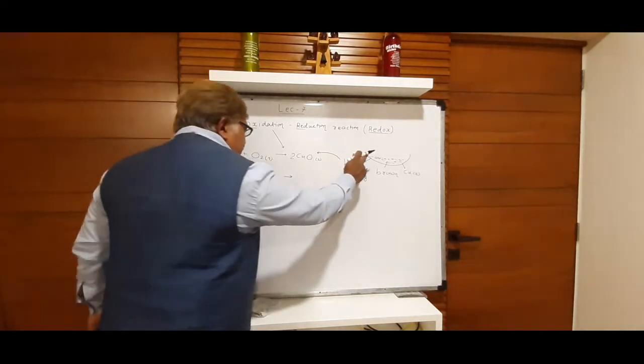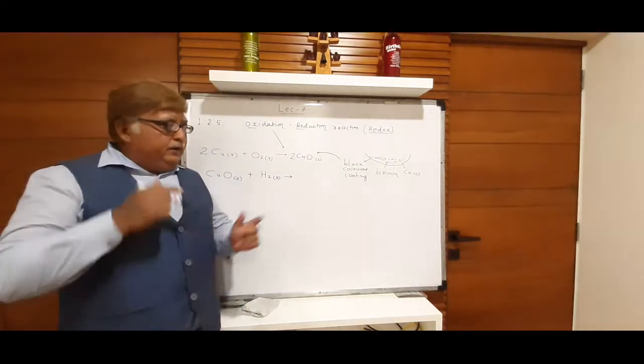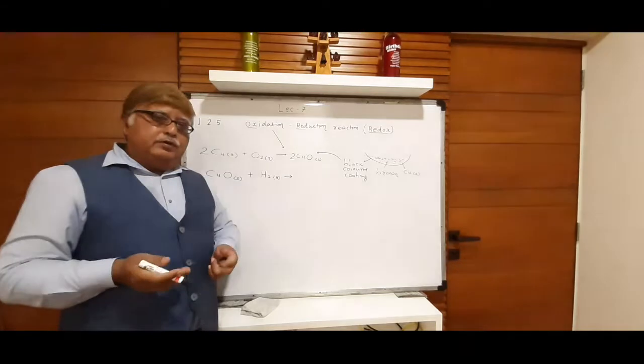The black colored layer of copper oxide disappears, and again you will see brown colored copper powder.